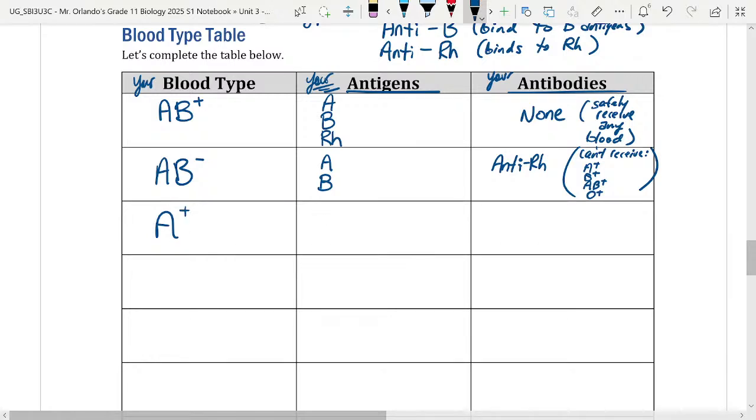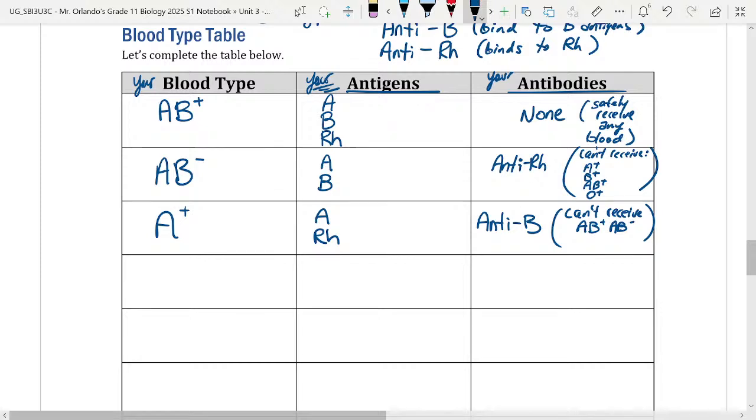What antigens would be on your A positive blood? A and RH. Which means what would your body be on the lookout for? B. So you're going to make what we call anti-B antibodies, which means you can't receive what blood? You couldn't receive AB, right? Positive or negative.